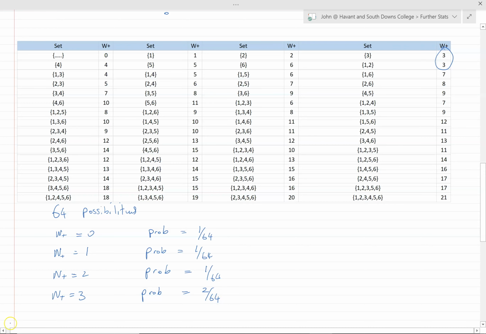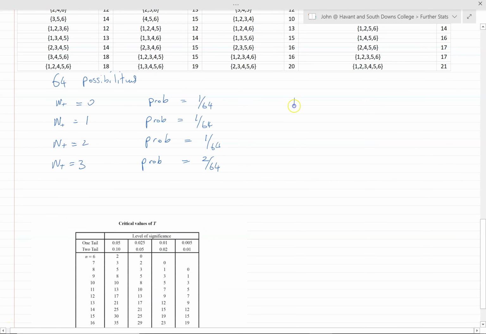Okay, so looking back at our values, the probability that W plus equals 0 is 1 over 64.